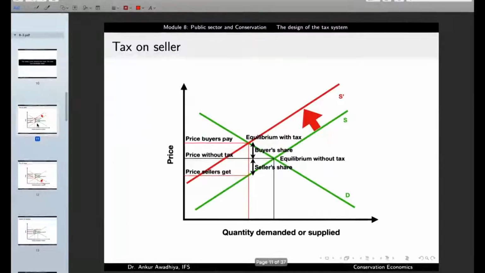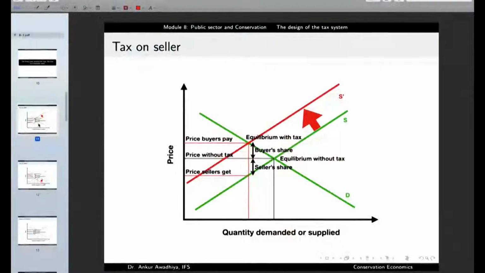So, to review what we saw earlier, when the government imposes a tax only on the sellers, the government can say that whenever there is a sale of a good, then the seller will have to pay such and such amount on every sale to the government as taxes.